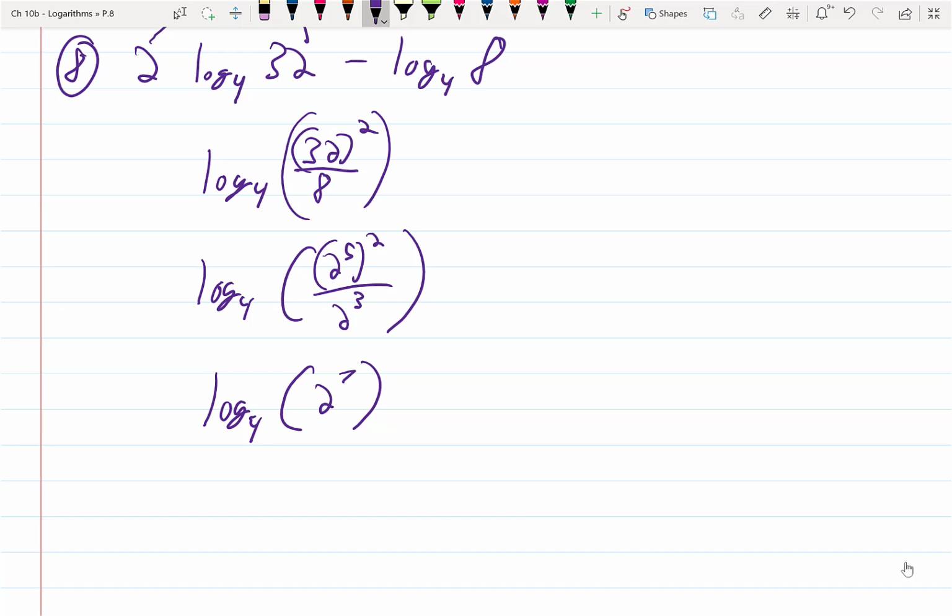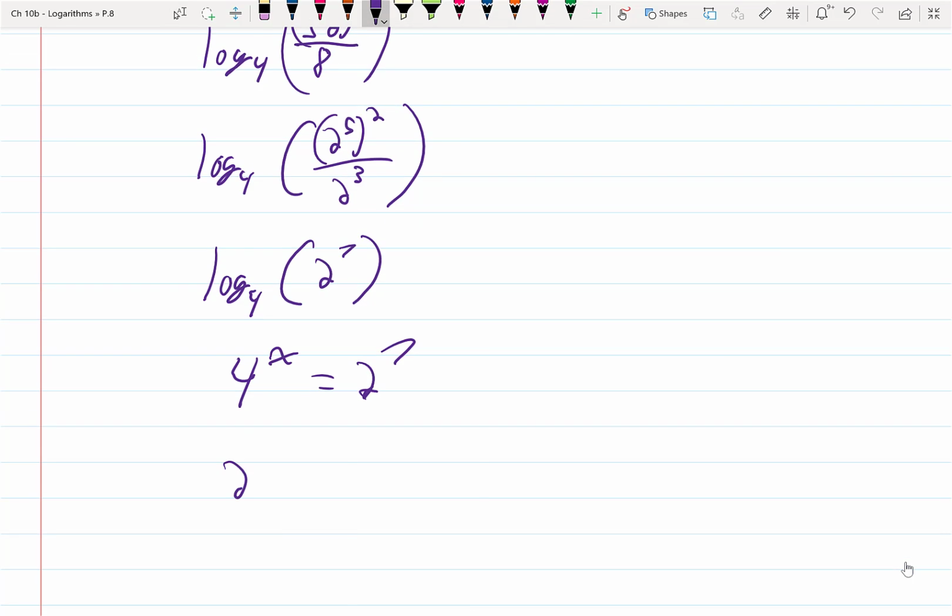So now I'm just going to ask you the question, 4 raised to what power is 2 to the 7th? Or 2 to the 2x equals 2 to the 7th? And my number, my single number, remember I stuck that x in artificially. I was just bringing everything down to one number. That one number would be 7/2.